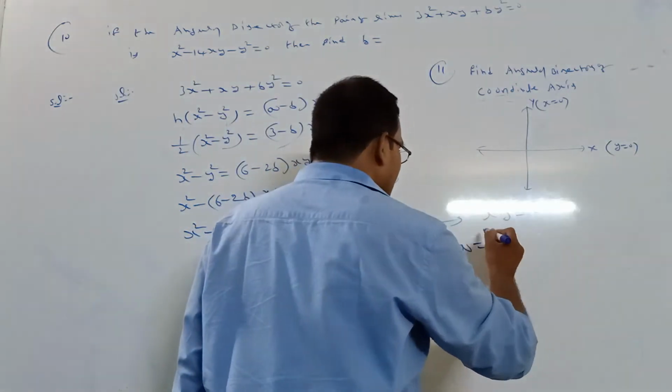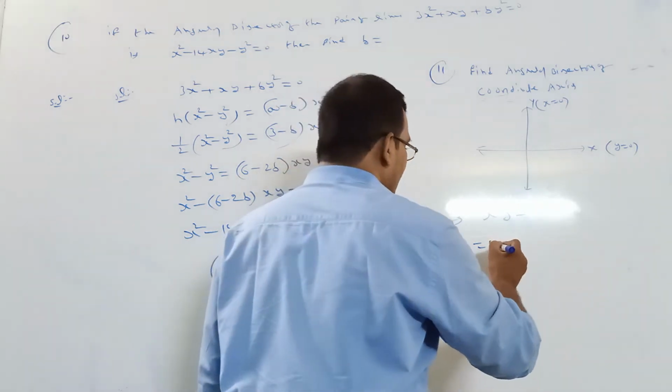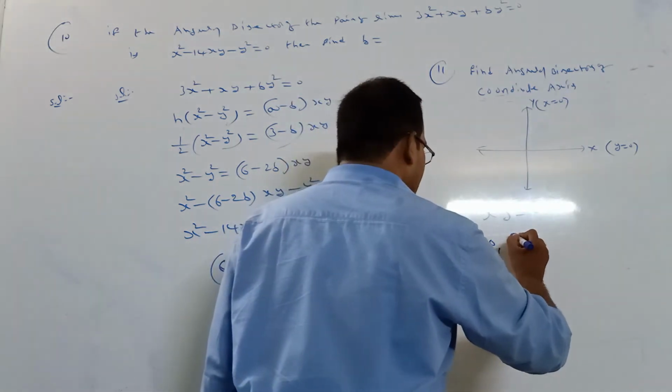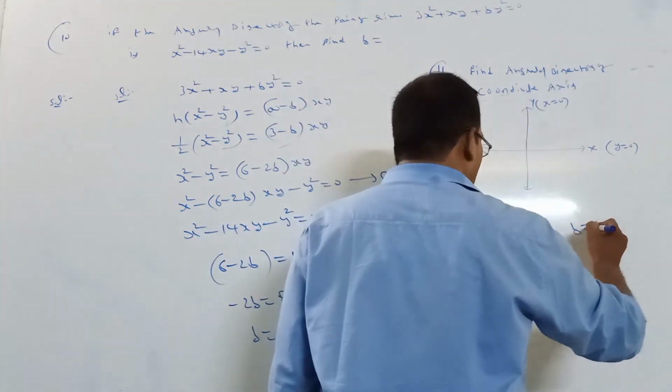I should compare with the standard form ax square plus 2hxy plus by square. a equals 0. Obviously 2h equals 1, from 2hxy. b equals 0.